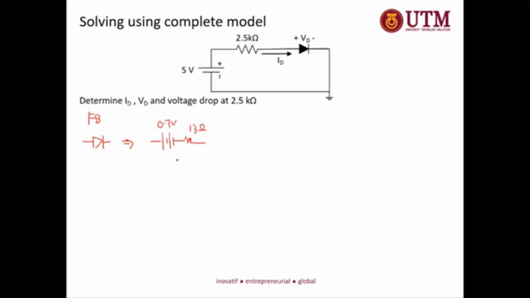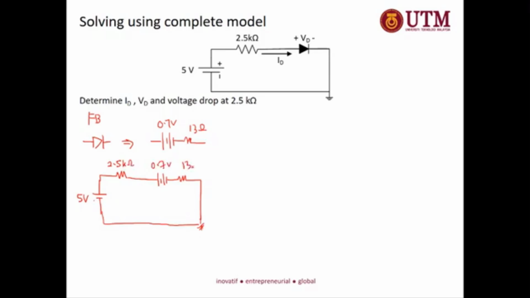Next, you need to redraw the circuit in order to have a clear view on the circuit. This is 5 volt, 2.5 kilo ohm, 0.7 volt.